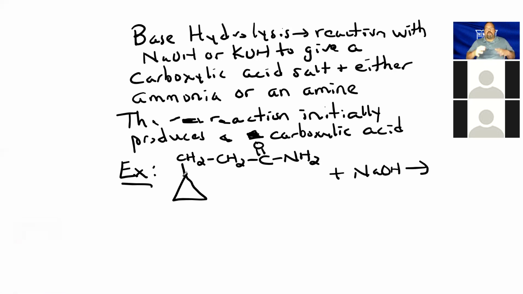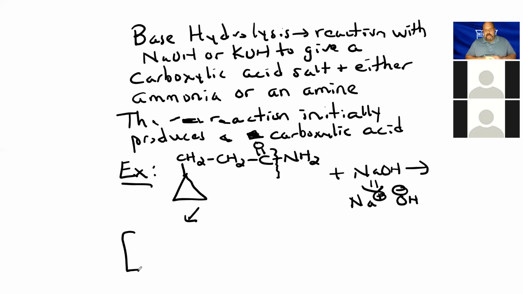So again, first off, where does the amide split apart? The amide splits apart between the C double bond O carbon and the nitrogen. And just like we've done previously with sodium hydroxide in reactions, we're not going to think about the sodium hydroxide as sodium hydroxide. We're going to think about it as Na plus and OH minus. Okay. Going to do some side work first.